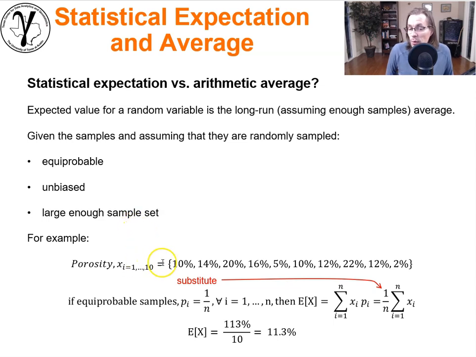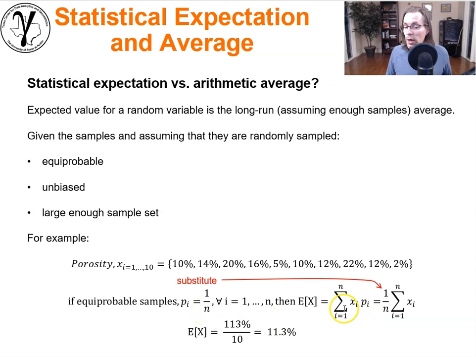And so let's say we have enough samples. Now I know 10 is not a lot of samples, but I got lazy. I didn't want to draw a lot of values here. But imagine I have a sample set that is equal probable, unbiased, and large enough, and they're porosity values drawn at random from a distribution. If we assume they're all equal probable, that would mean the probability values for index 1 through 10 is just equal to 1 over n.